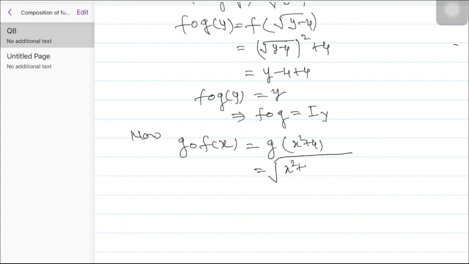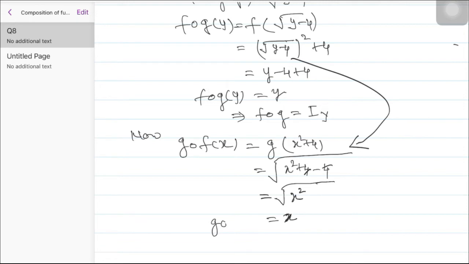X square plus 4 minus 4, the 4 will get cancelled with this 4. You will have square root of x square. Finally you will get x. So it means gof of x is equal to x. It means that gof is equal to ix, identity function in x.